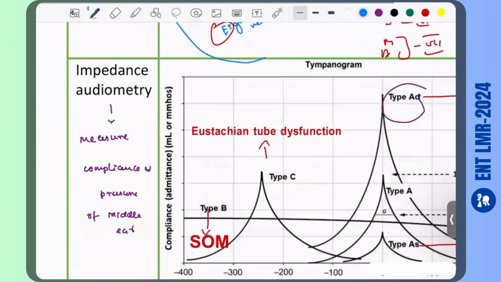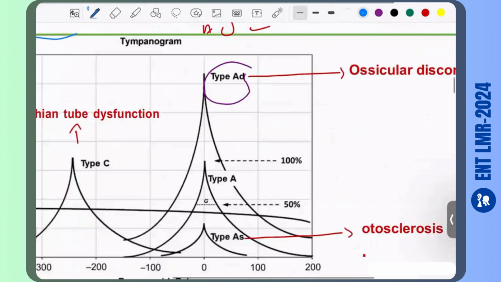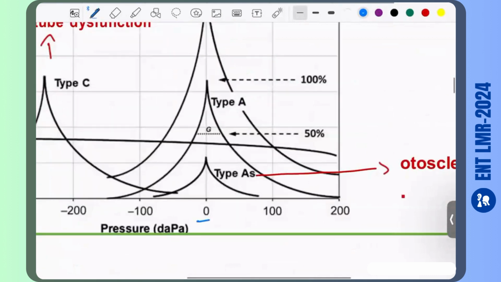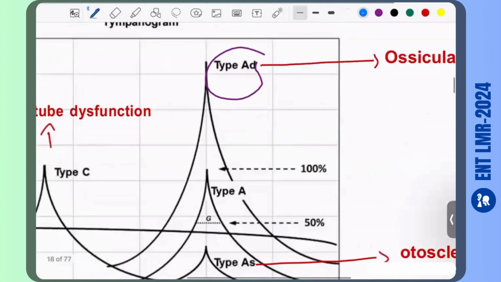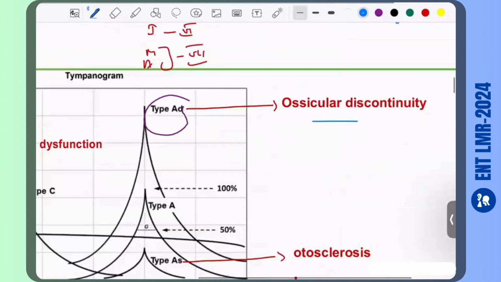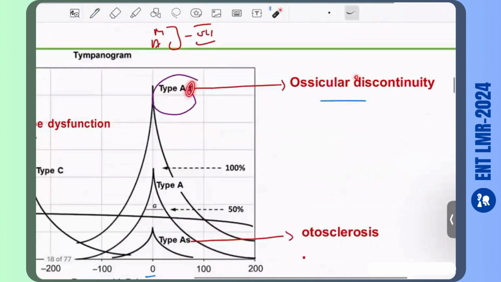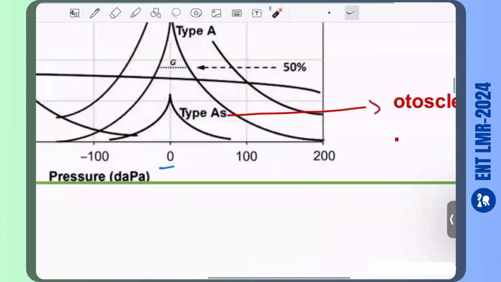In impedance audiometry, I will get findings such as: the A curve is normal, which is zero pressure and normal compliance. If the compliance is increased, there is too much air inside the middle ear. It is auricular discontinuity. AD curve is auricular discontinuity, D for discontinuity. Then the AS curve, compliance is decreased, pressure is normal: otosclerosis.